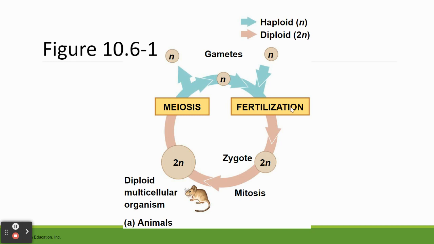So when fertilization happens, you have one N plus another N, and now you have 2N, and that's your zygote. As soon as that 2N is formed, now we're doing mitosis. And then you get a multicellular organism, like this little mouse. And then the whole process starts over. That mouse makes a form of a haploid cell, whether it's a sperm or an egg. It's going to combine through fertilization, and then boom, you have 2N again, meaning you have mitosis occurring.